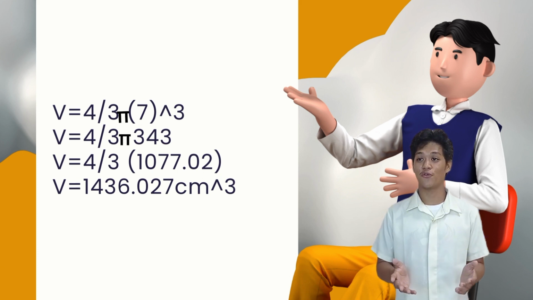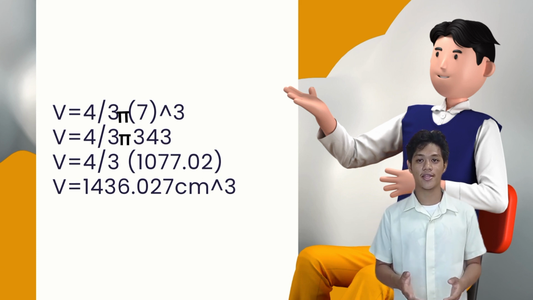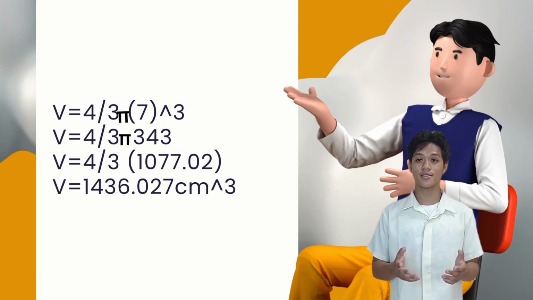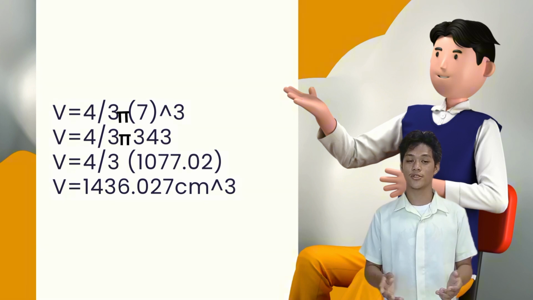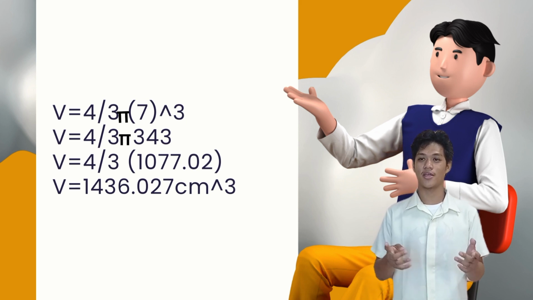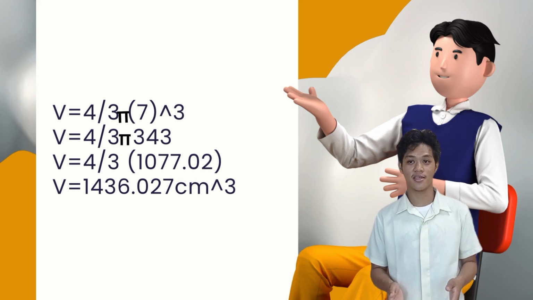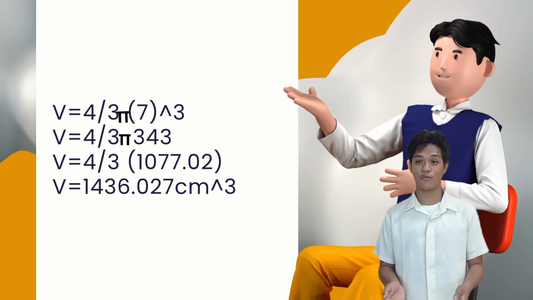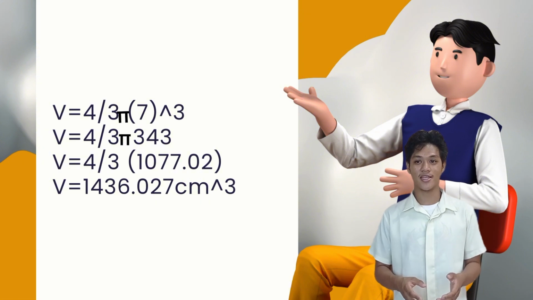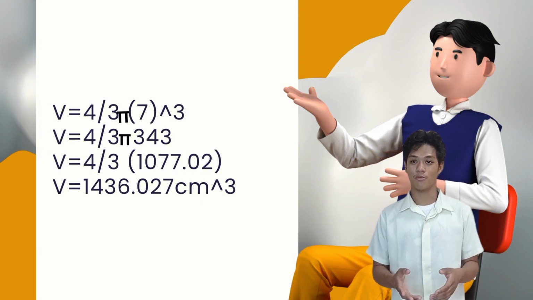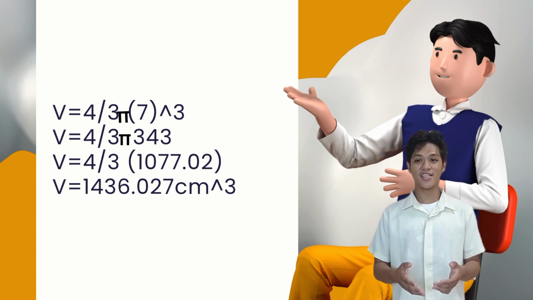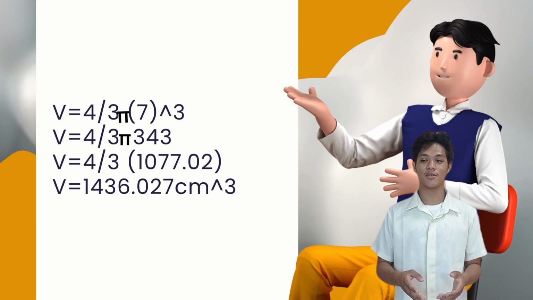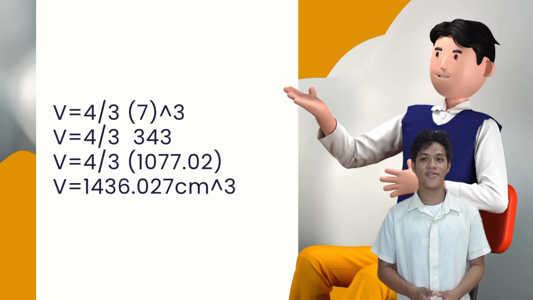Substituting the value of the radius in the formula, we get volume equals 4 over 3 times pi times 7, the radius, raised to 3. We'll do 7 cubed, we'll get 343. Then multiply it by pi, which is 3.14, we'll get 1077.02. Multiply it again by 4 over 3, we'll get our volume, which is 1436.027 centimeters cubed.